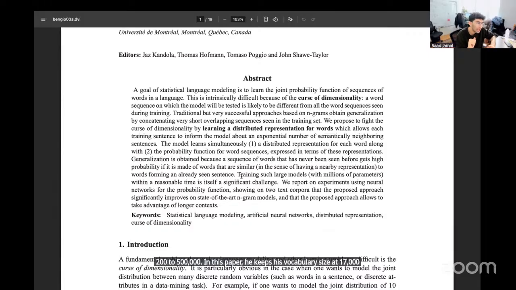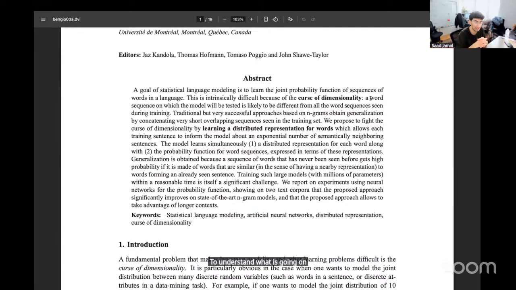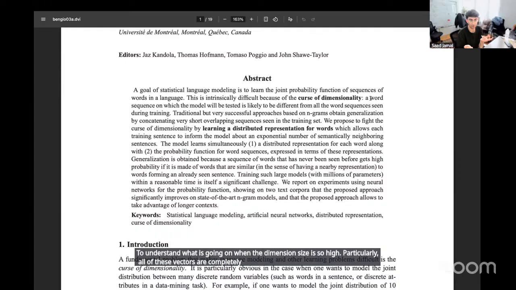You can imagine with all these different one-hot encoded vectors, we're going to witness the curse of dimensionality, which basically means it's really difficult for a model to understand what is going on when the dimension size is so high. Particularly, all of these vectors are completely orthogonal to each other. If you remember what that means from linear algebra, then you know. If you don't, just trust me.